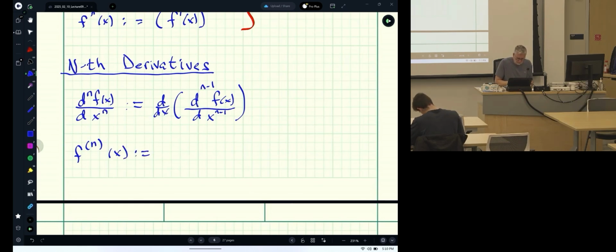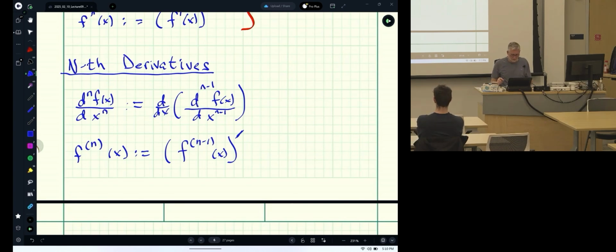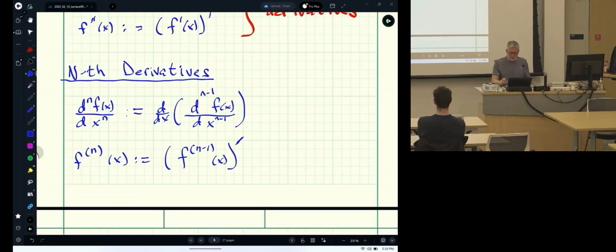And this is by definition equal to the n minus first derivative, and then we do prime of that.